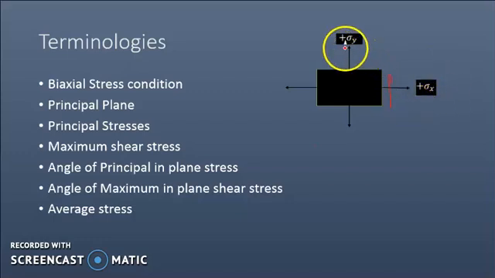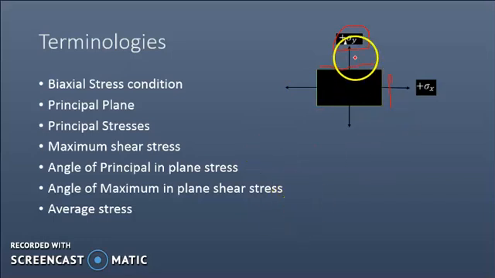And here also you can see a similar case, if we consider sigma y. The force acting on this plane is perpendicular to this direction, which is why we call it normal stress. And the plane which is perpendicular to this stress is the principal plane.